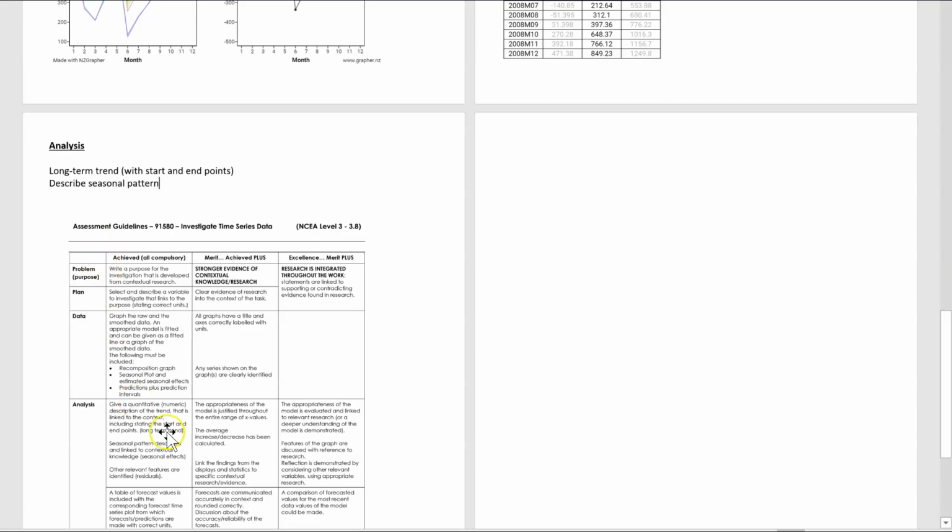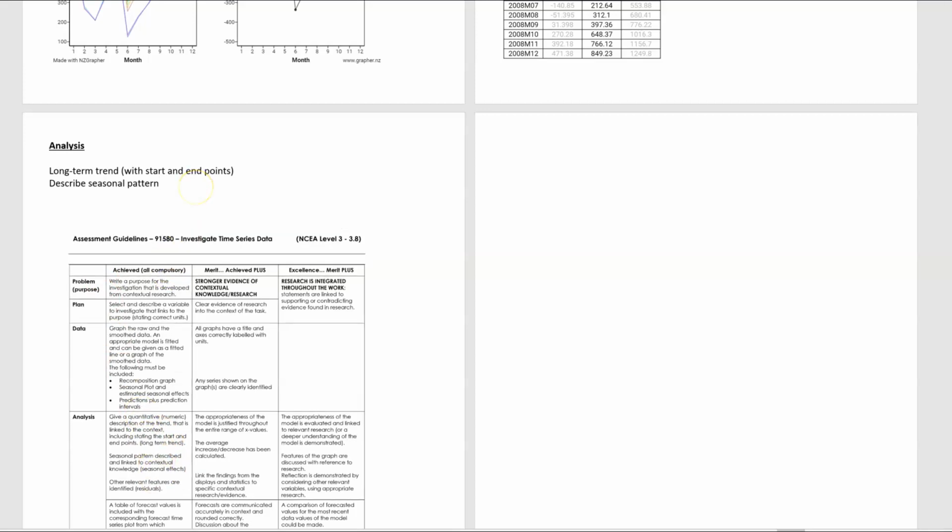I just want to note both of these relate, you've got to be relating them to context. And then other relevant features are identified. Features normally refers to the residuals, that's normally any unusual points that sit within the residuals graph.